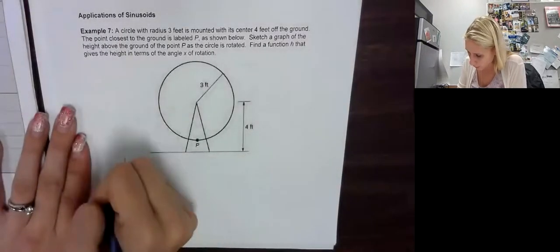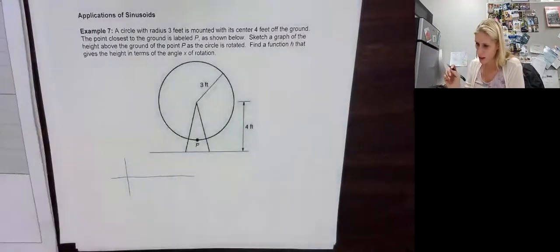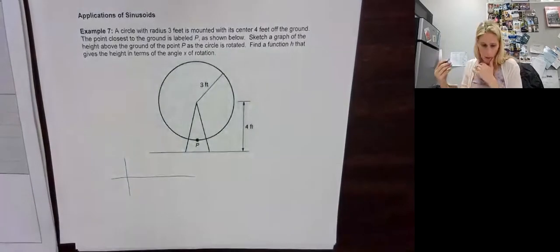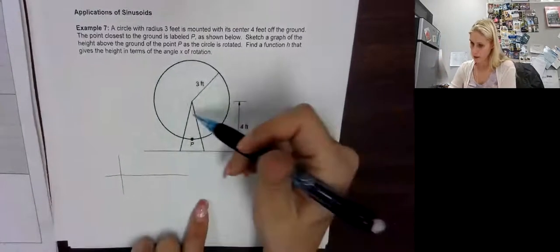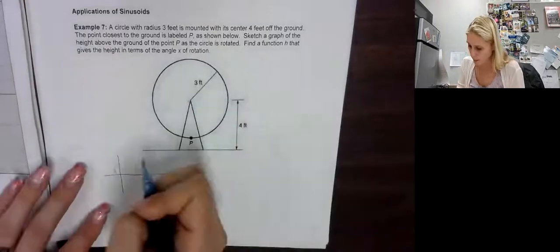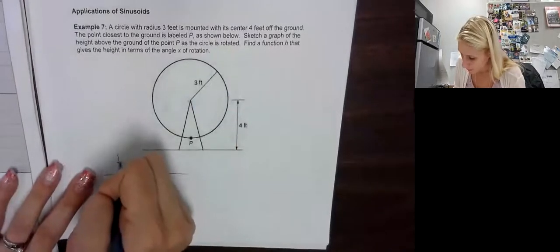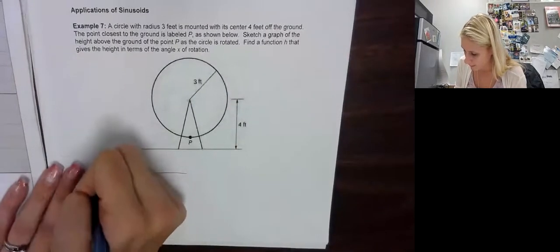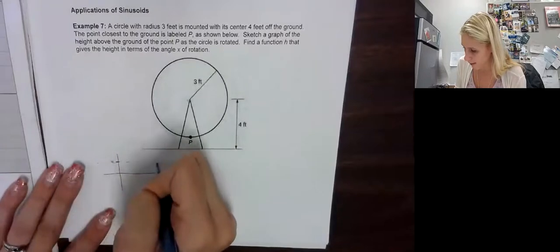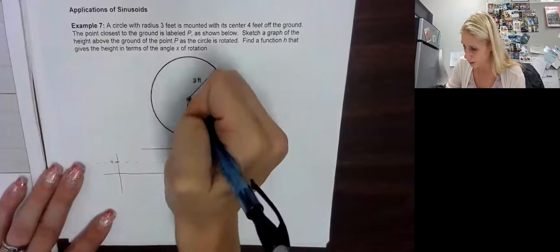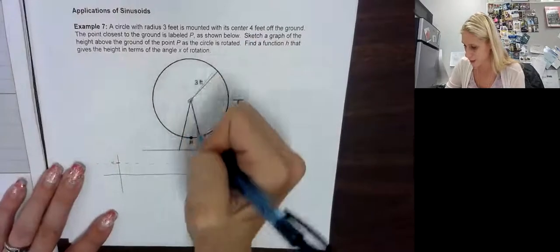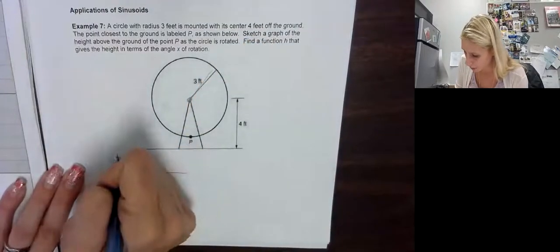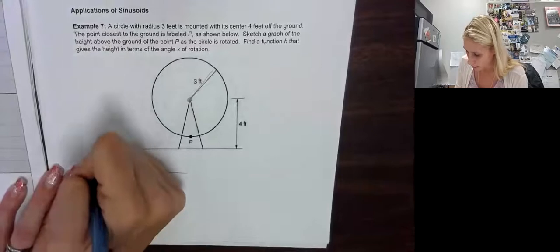All right, so if we were going to start with a graph here, we see that we are 4 feet from the ground, that's the middle, that midpoint. So 4 is the middle of that graph. And from that middle, going up and down is how long? It is 3 feet.